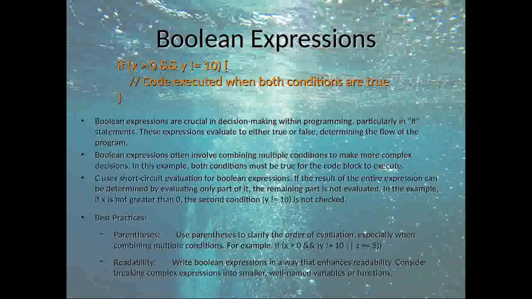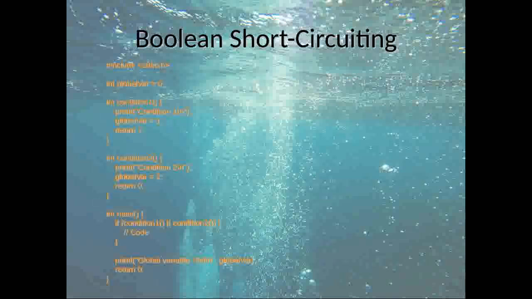Now, one of the things that we want to talk about here is Boolean short-circuiting, which I mentioned earlier. Have a quick look at this code. We have a global variable set, and the initial condition, condition 1, actually sets the global variable to 1.